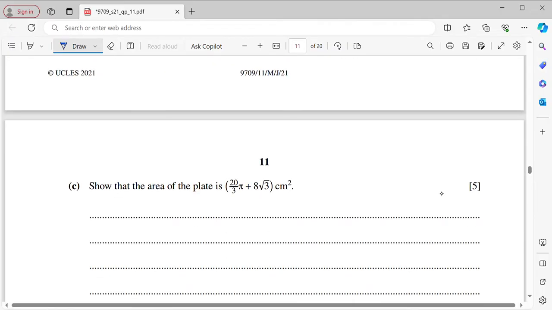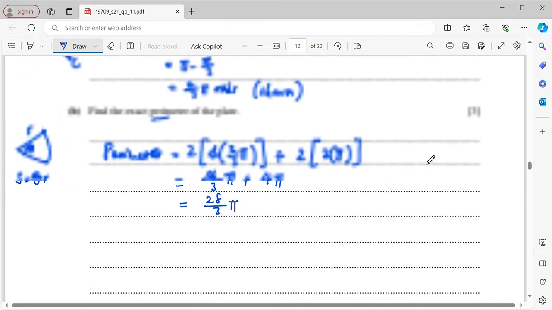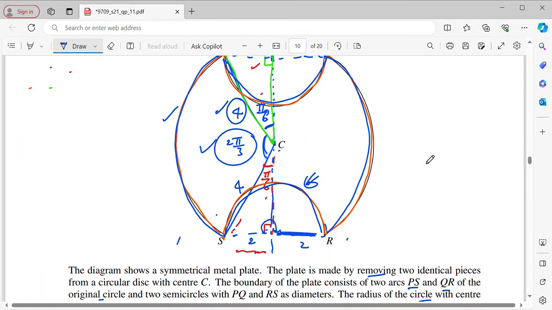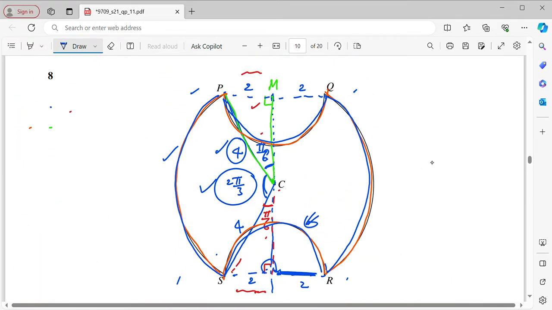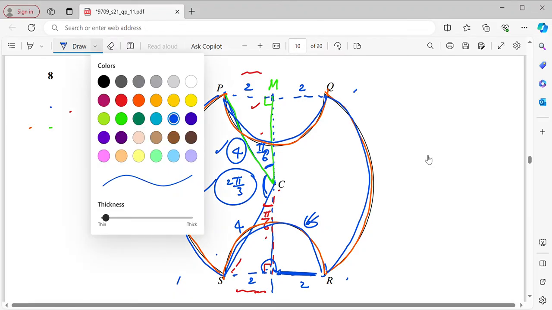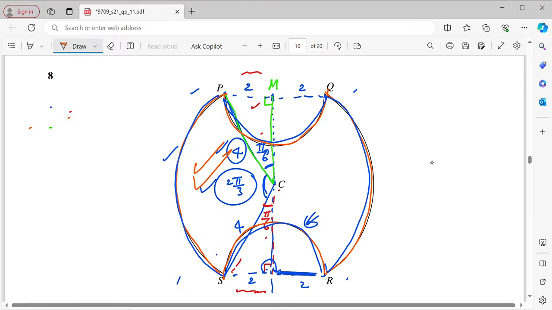Next, show that the area of the plate is this value. Now the area of the plate is the same concept as just now. I will have to find the area of this sector. So it is double.